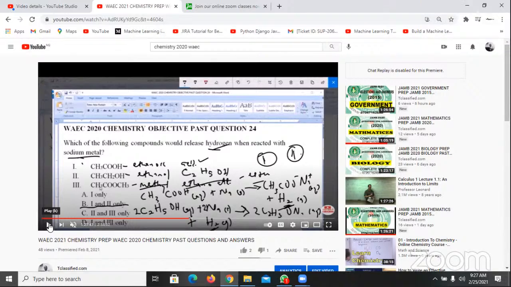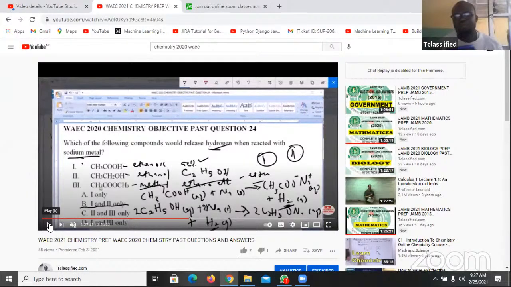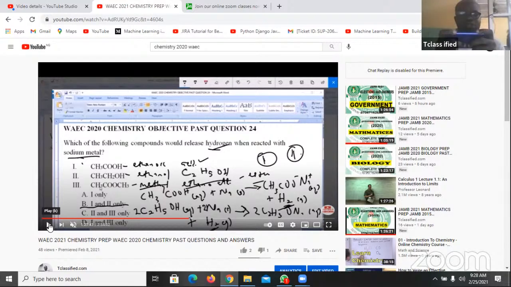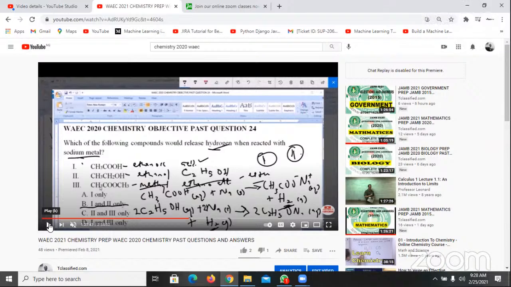I've sent it. Snap the whole of it. So have you seen it? Number 23. Continue reading. An alkanol containing 60% carbon by mass would have the molecular formula, H equals 1, C equals 12, O equals 16.